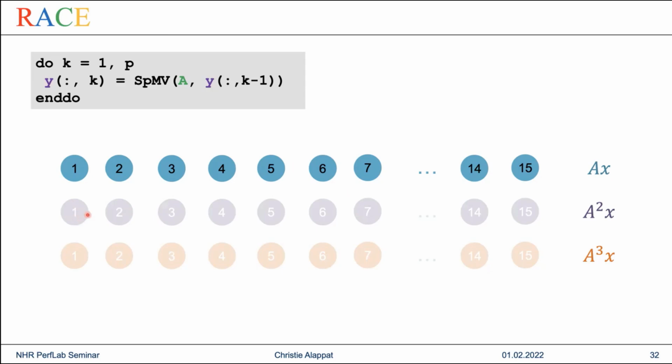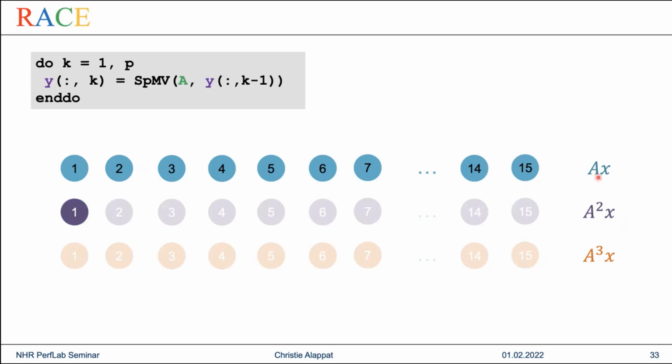In the second row, we show the levels when they are updated to A squared x computation. Right now it's blended, which means we haven't started with the computation of A squared x. The bright colors mean that the computation of the particular Ax, for example, here is already done. In the normal method, we would first compute Ax and then start with A squared x.